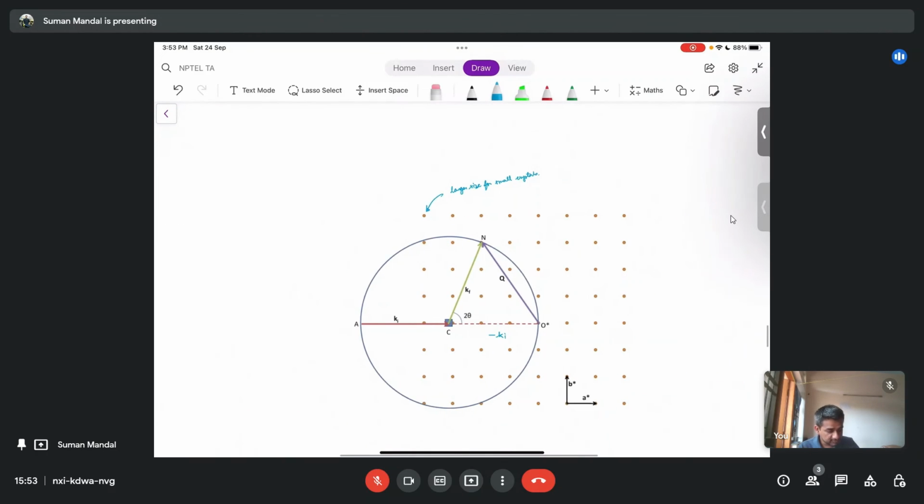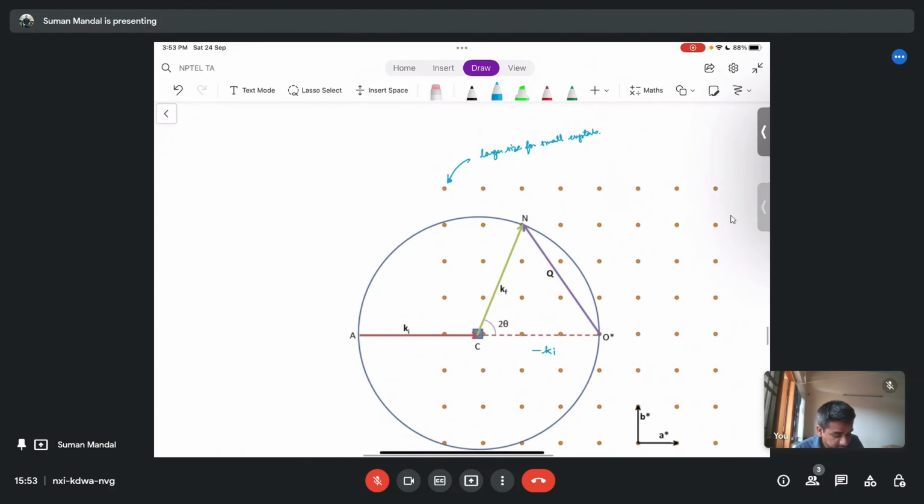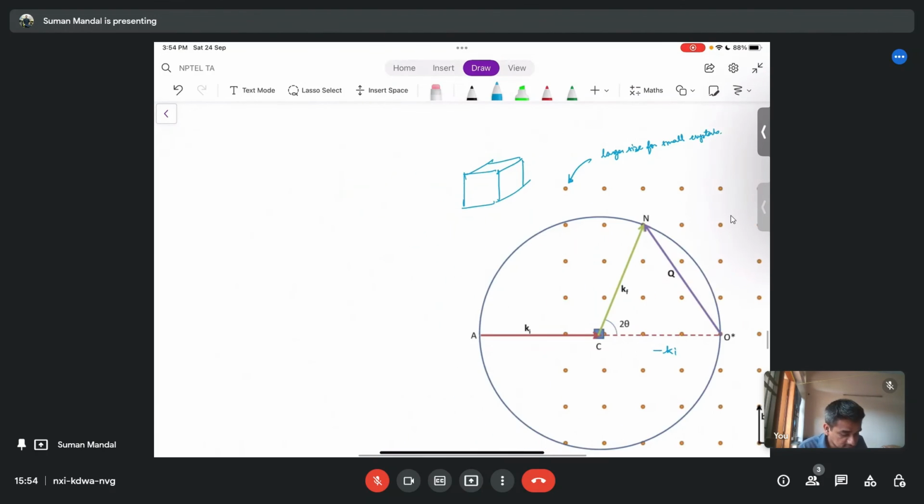So if, in this case, the crystal, as you can see, is like a cube sort of a thing, and so it has a spot. Now if it was a very thin disk, then what will happen?